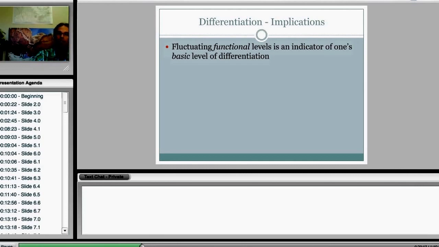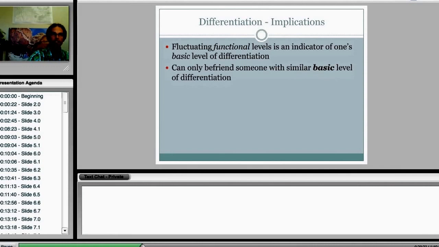So the functional level is an indicator of one's basic level, as we've talked about in the past couple slides. And this is a really important concept here, that one can only befriend someone with a similar level of basic differentiation as themselves. This has been tested again and again and shown to be true.